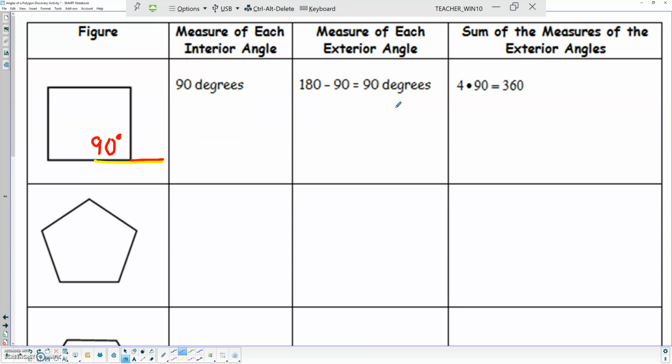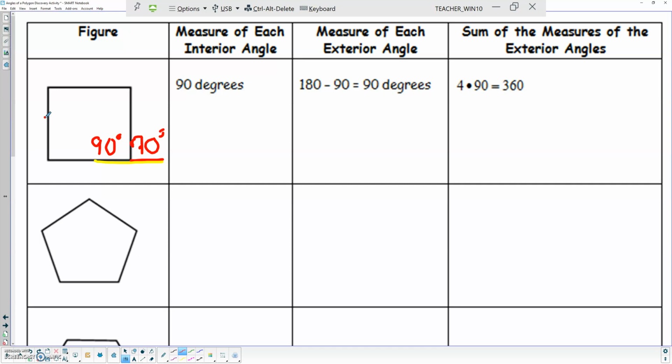So we know that every exterior angle in a quadrilateral is 90 degrees. Okay, so now to find the sum of the exterior angles, I'm going to take the number of sides, which there's 4, and multiply it by 90. So we get 360.